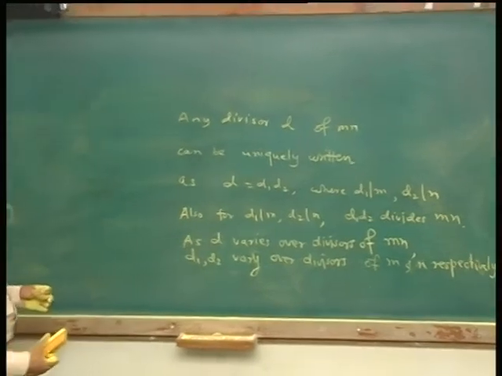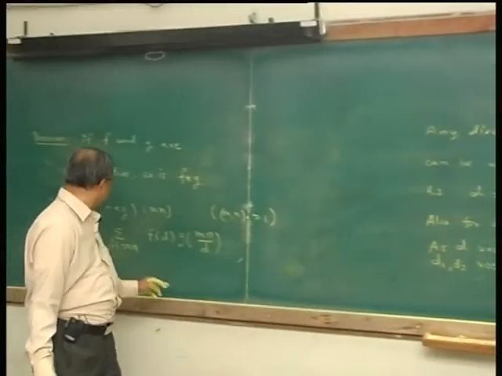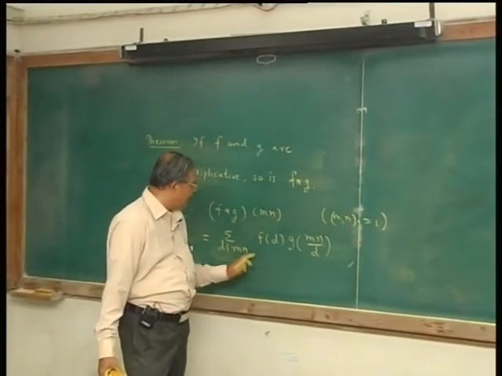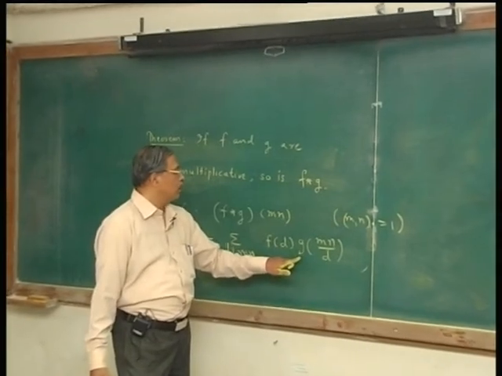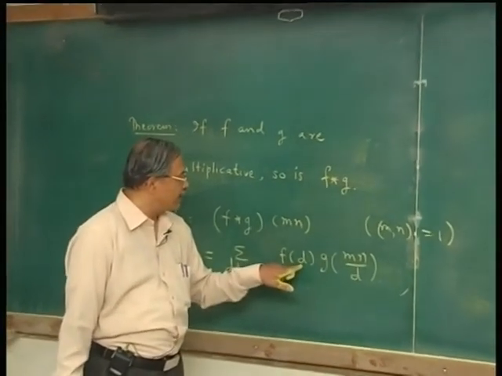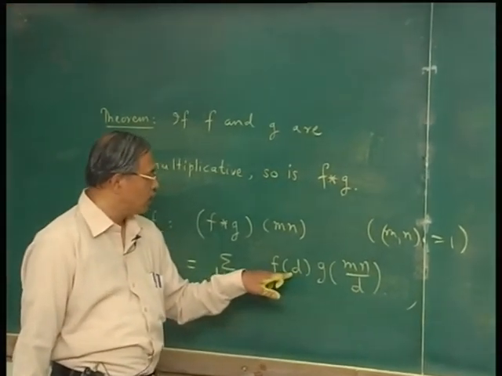Therefore, this summation d divides mn f of d into g of mn by d, so this d we can write as d1 into d2.